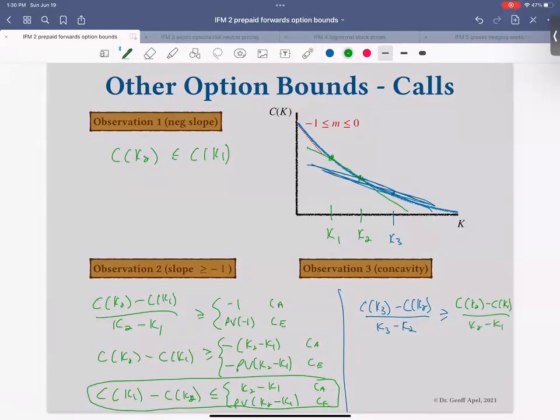But again, as I move to the right, the higher the strikes, the slope should get larger, which in this case doesn't mean more steep, it just means less steep because it's negative. Okay, so just keep that in mind.